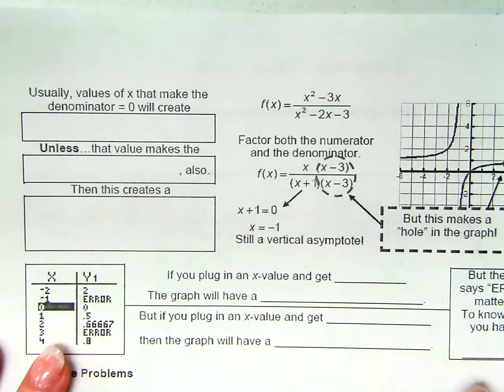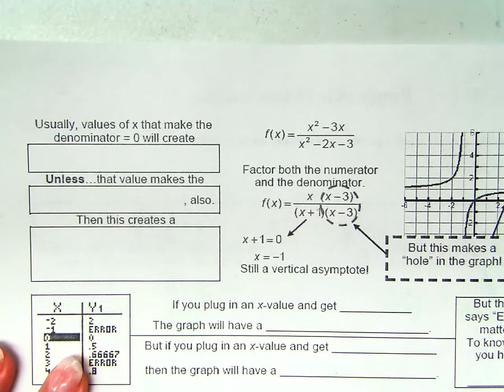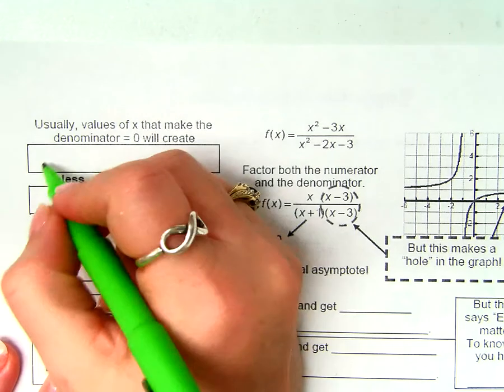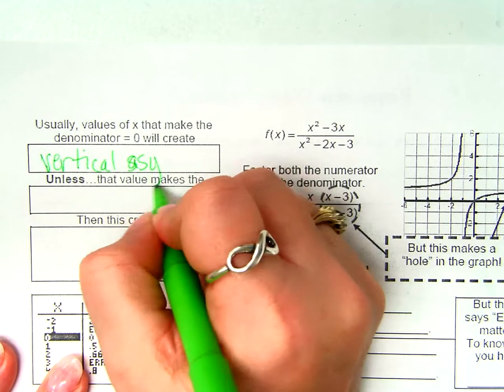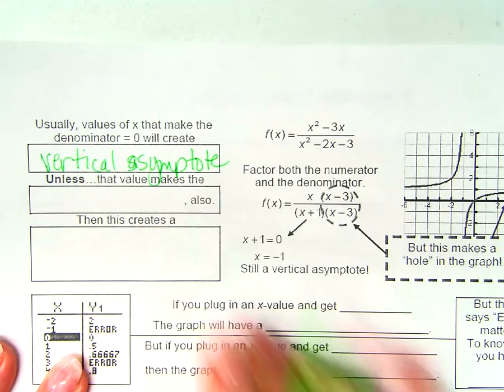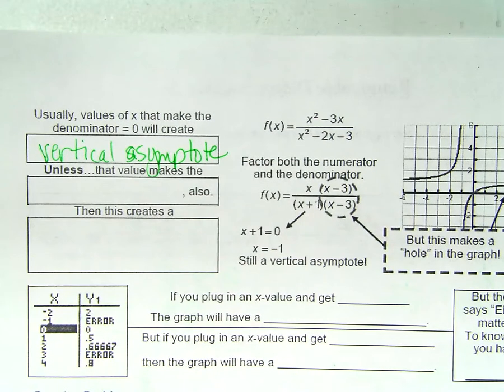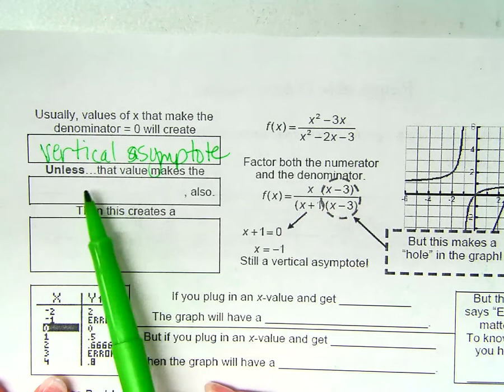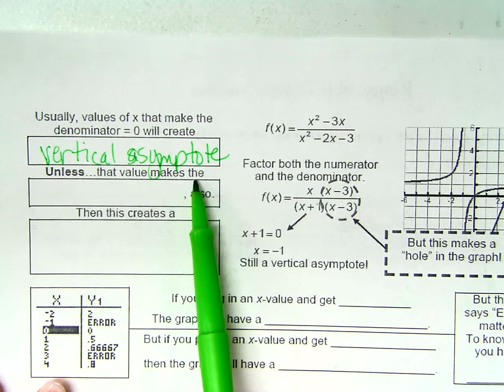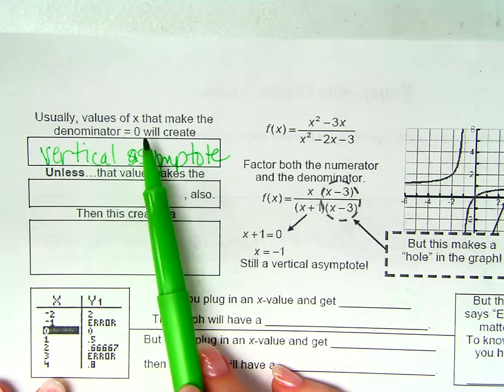Okay? Usually the values of x that make the denominator equal 0 will create what? A vertical asymptote. Unless, of course, that value, when we solve the denominator and make it equal to 0, we get a value. Unless that value makes, we already know it makes the denominator equal to 0.